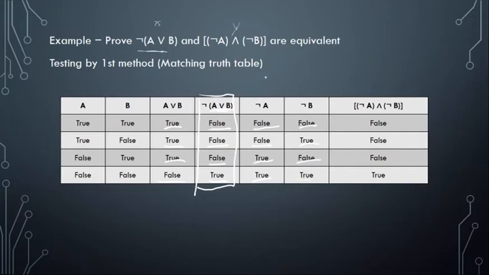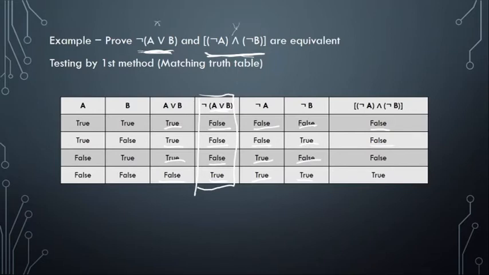Then let's get the truth value of this proposition. We have to be sure that the return value of this proposition is equivalent to the return value of the other, not A and not B. Looking at the return values: false and false, since it's and, is false. Then false and true is false again.